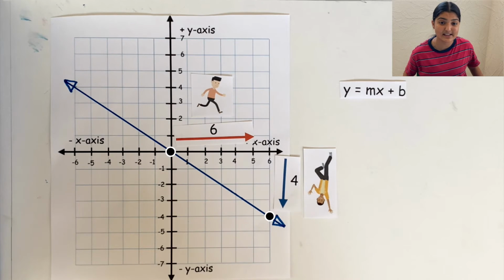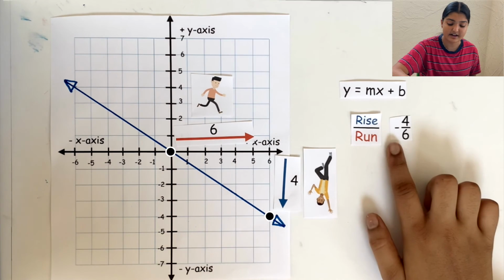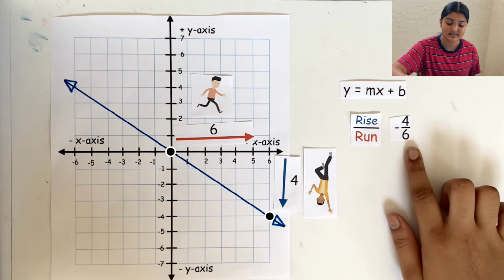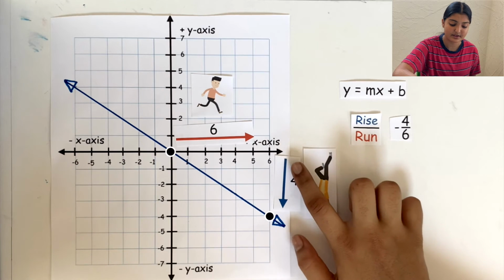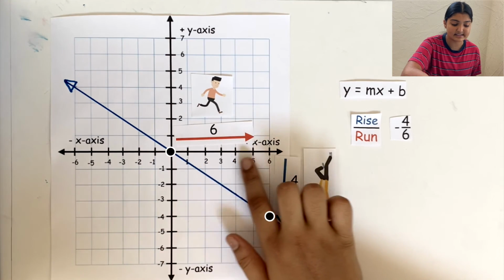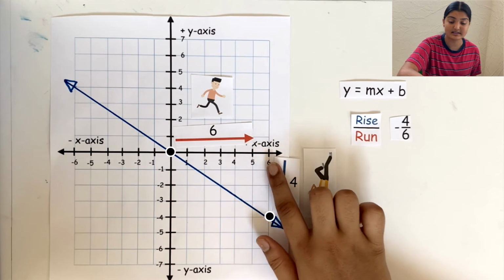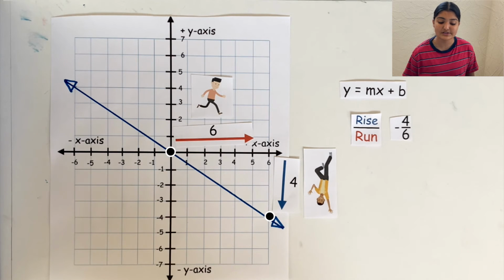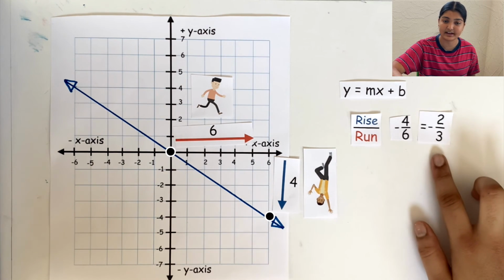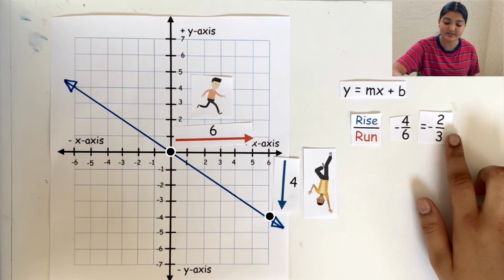So what's the slope? This gives us a slope of -4 divided by 6. Since we fall 4 units in the negative direction and we run 6 units in the positive direction, we can also simplify this as -2/3.